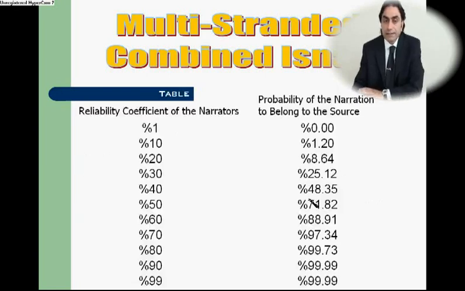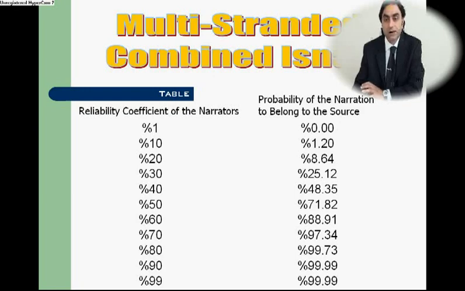In the table presented here, the results are calculated progressively in stages with regard to the probable status of narrators, ranging from the weakest reliability coefficient to the strongest. The most important point to be highlighted in this type of an isnad is the high level of the reliability coefficients of narrators which exceed a certain level.